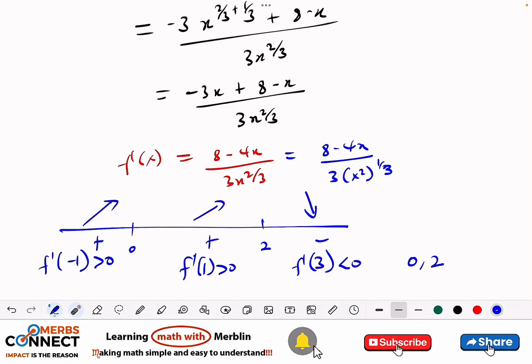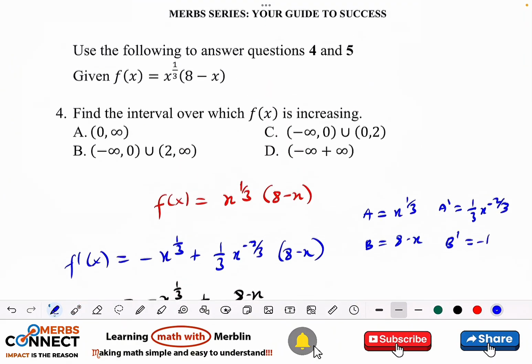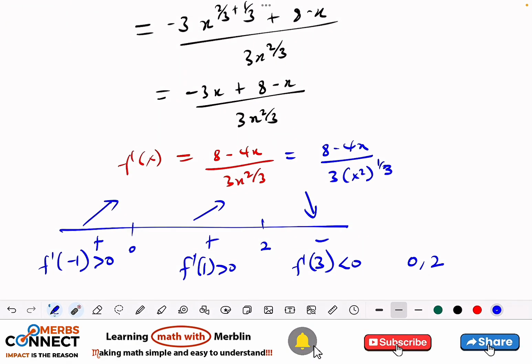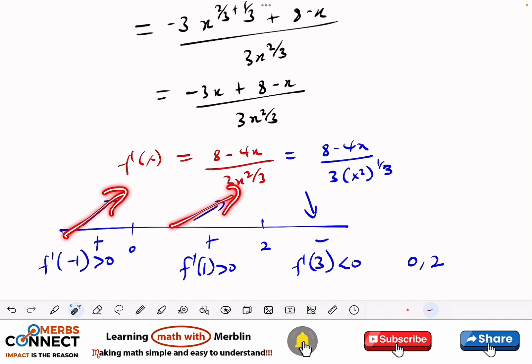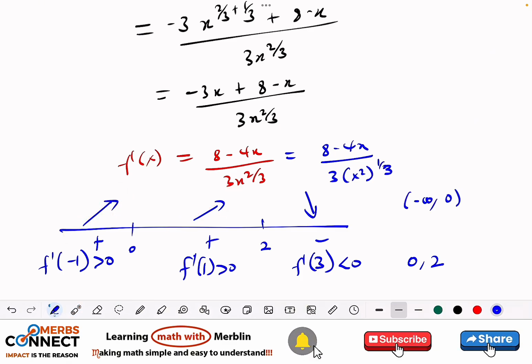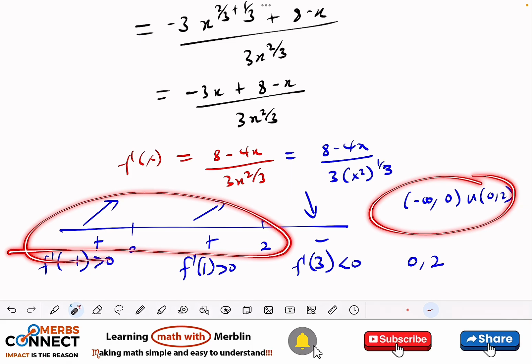So we can see the increasing interval, what the question is asking us. We need to move from negative infinity up to 0, and from 0 toward 2. That is where the function is increasing.